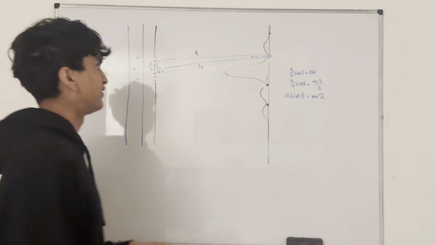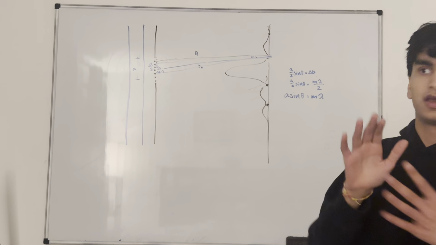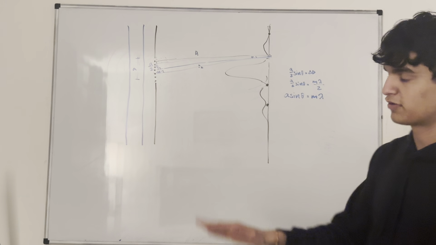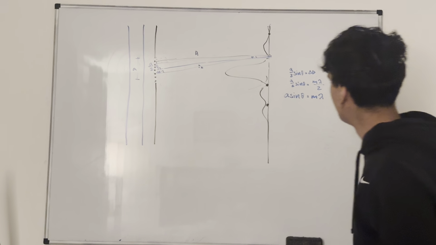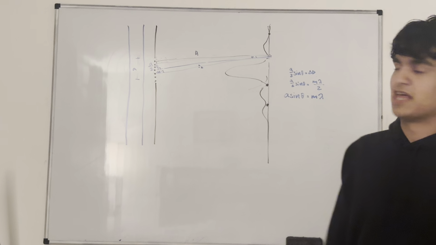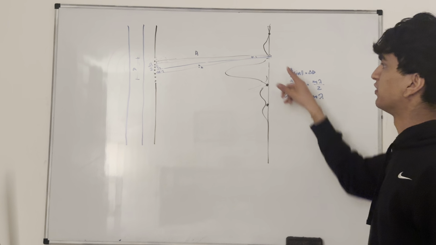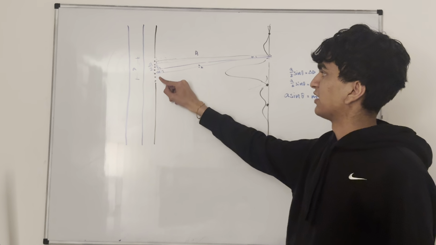So it's the same angle as you go down the slit because of that small angle approximation, because the screen's so far away from the slit. So that's why there is destructive interference here, because each wave cancels out the other.